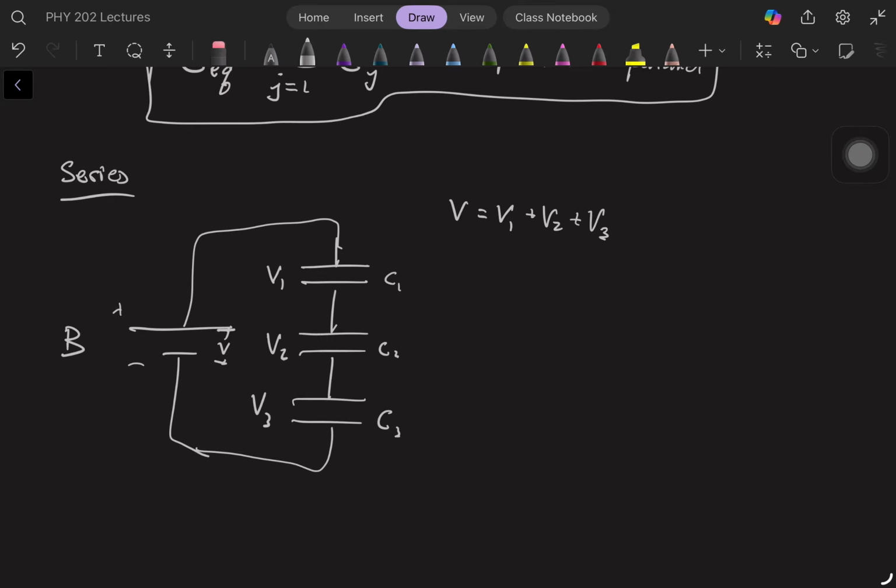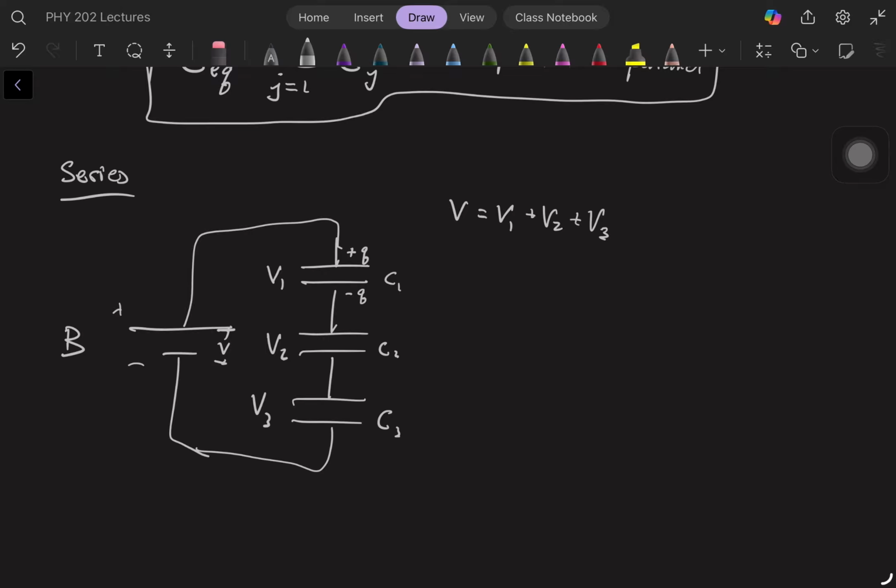Now let's think about what would happen if we had some charge plus Q on this plate. As discussed before, if you get positive charge on this plate, it's going to attract negative charge on this plate, and it'll keep doing so until you have the same magnitude of charge.